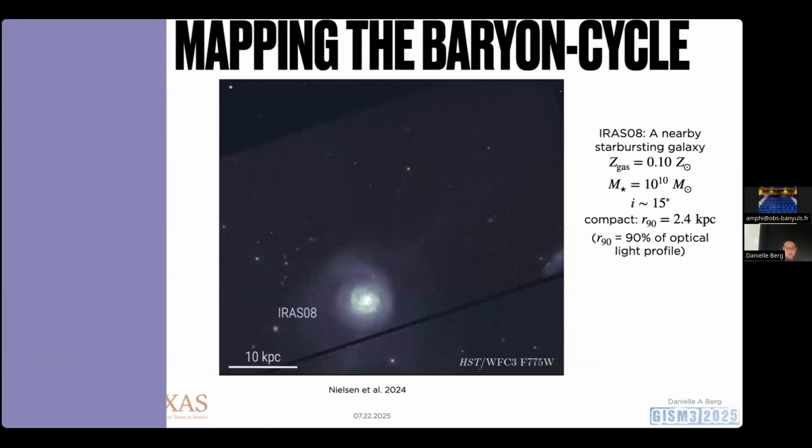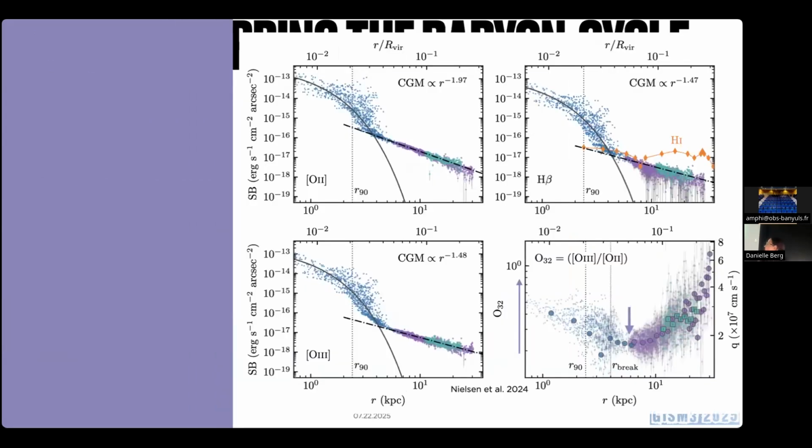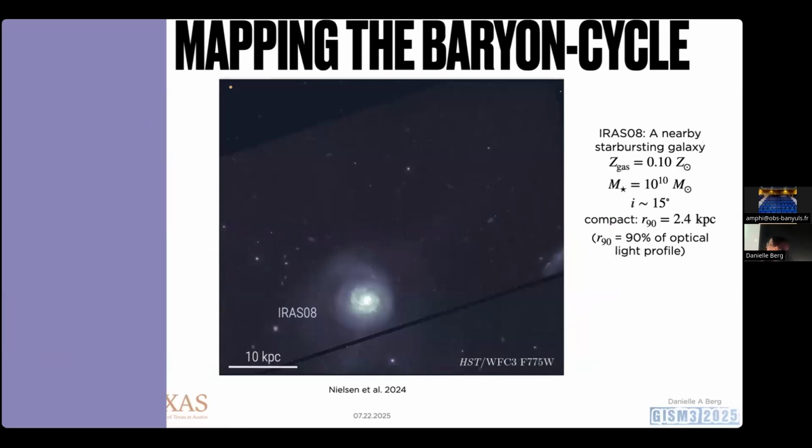In a different way, another study done with IFUs, this is IRAS-08, a 10 to the 10th solar mass galaxy, obviously seeing this more face on. But this has some really beautiful data.